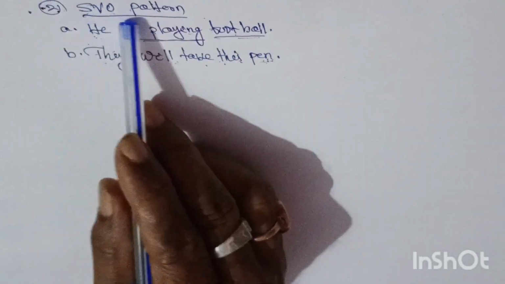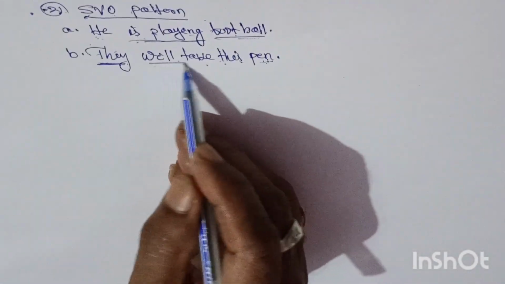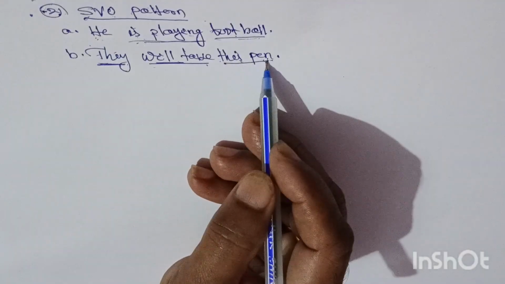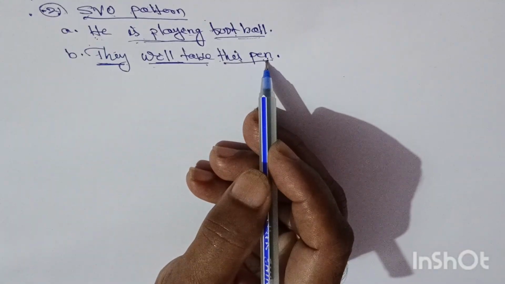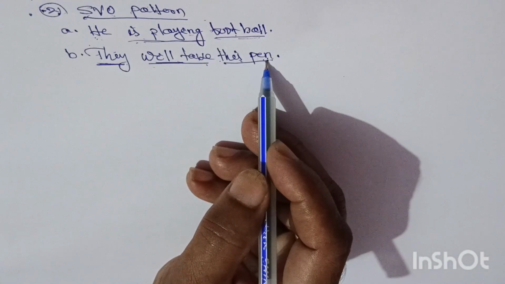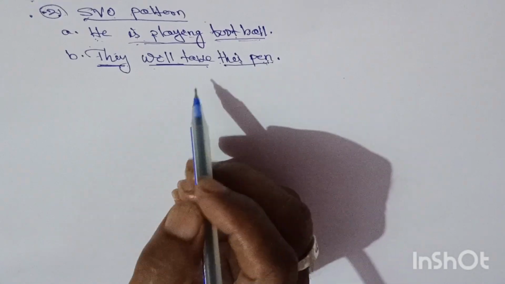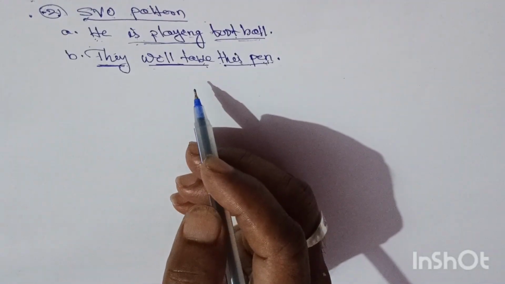So it is in the SVO pattern. Similarly, they will take this pen. Here the subject is they, will take is the verb, this pen is the object. That is subject, verb, object. So that is known as a transitive verb. As there is an object here, the verb is known as a transitive verb.